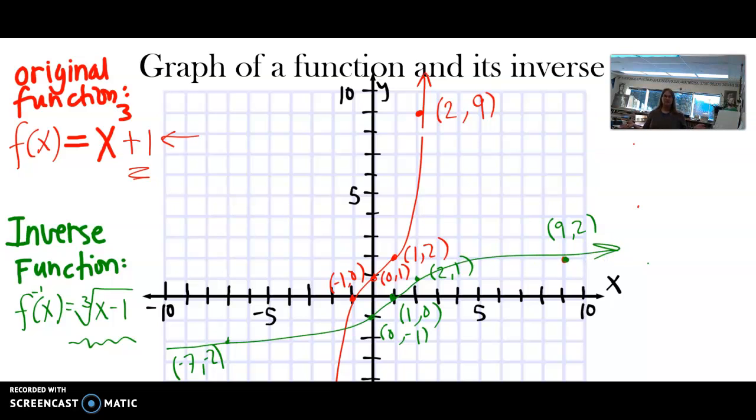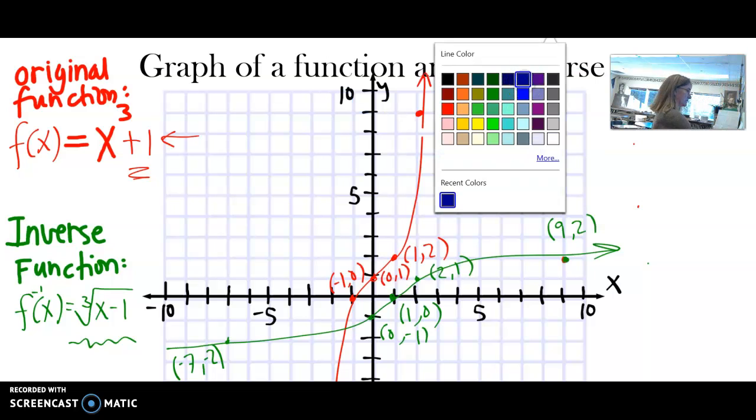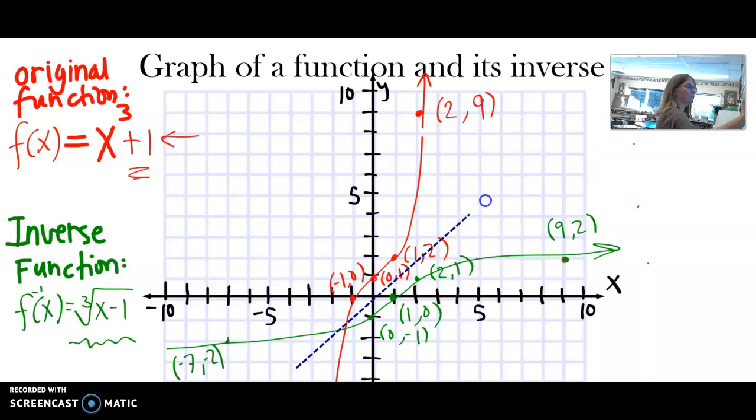Because we're interchanging all of the x, y ordered pairs, the graph is going to be symmetric about the line y equals x.